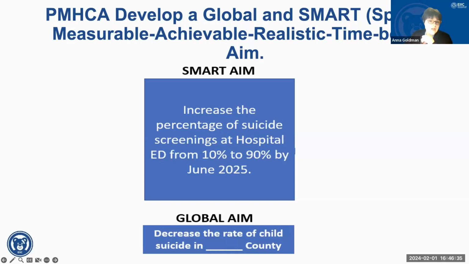So decrease the rate of child suicide in such and such county was their overall global aim. So this is just one example that we wanted to demonstrate how in the PMHCA world this could be achievable. So I'm going to pause here just for a second, then we'll play. We have an example we'll share and work through how to create a SMART aim or global aim.